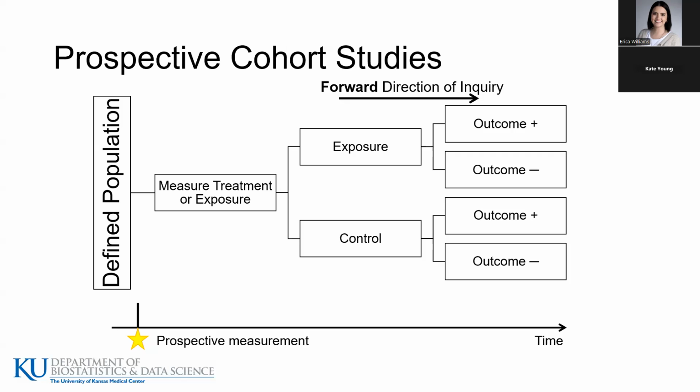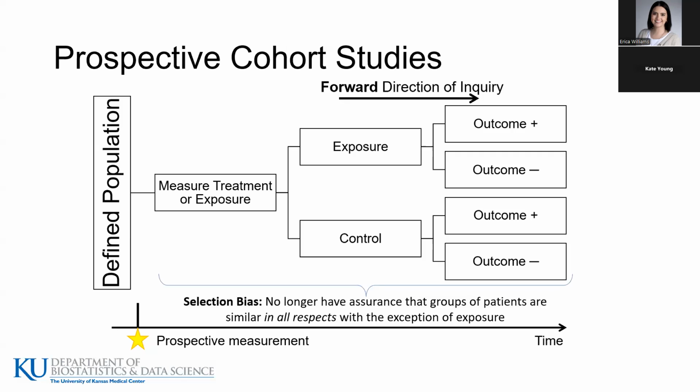So the difference between this and a randomized controlled trial is selection bias, and that's because we're not randomizing patients to a treatment. So we can't guarantee that the groups of patients are going to be similar in all respects except for the exposure.